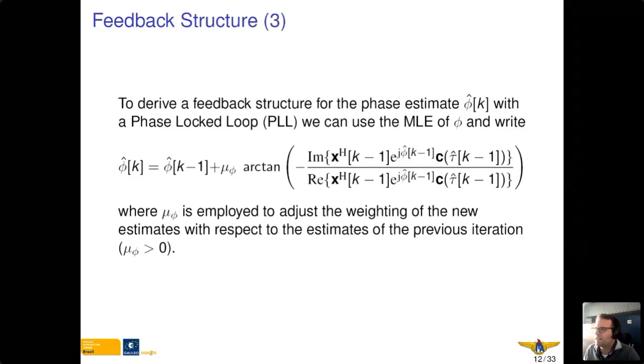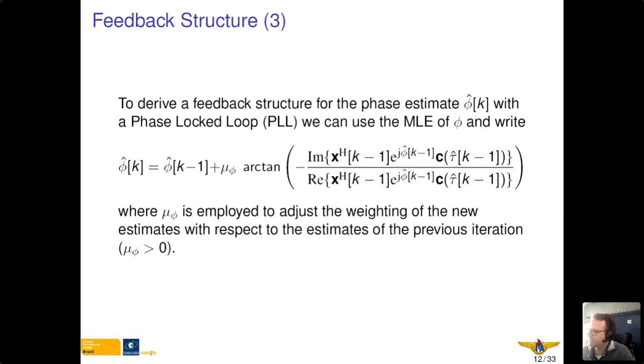And this is already the phase locked loop. So we can have a delay locked loop running, and then based on the delay locked loop, we introduce here the result of the delay locked loop at the time instant k minus 1.